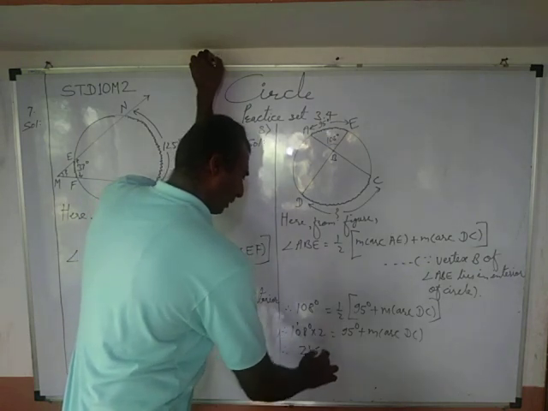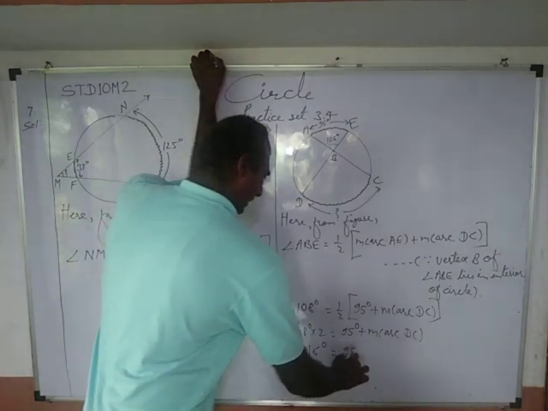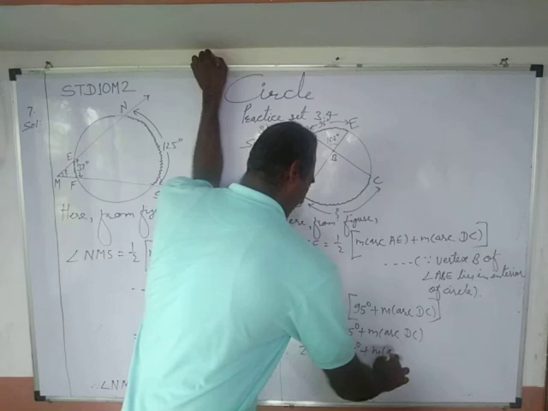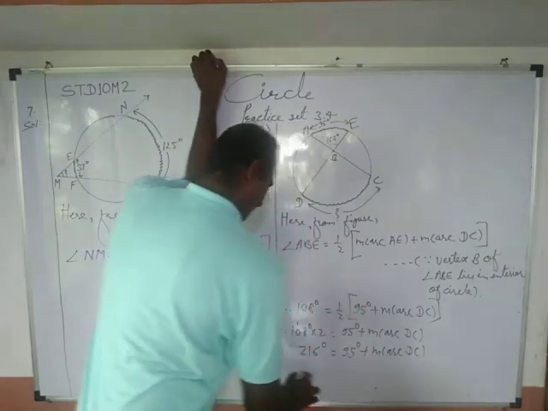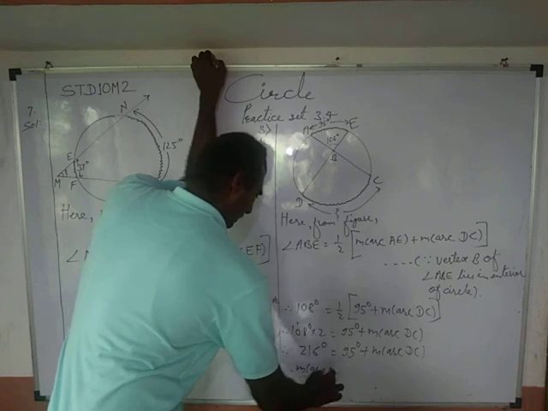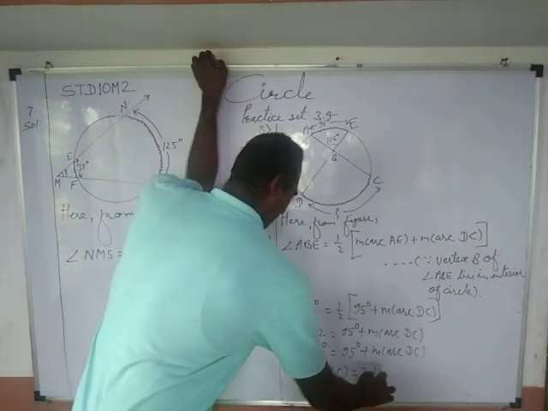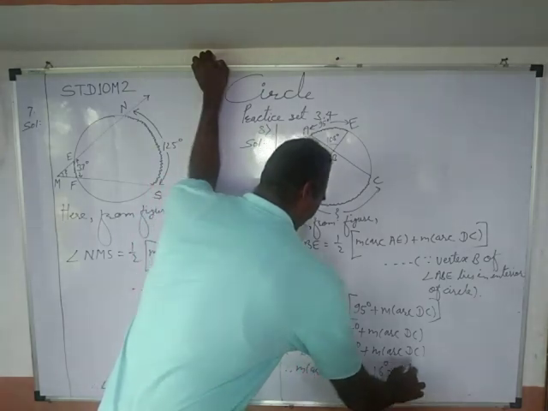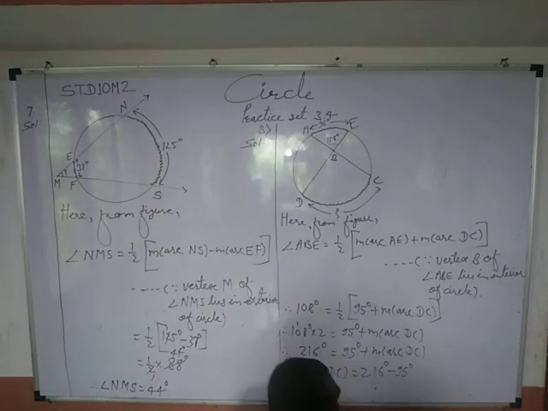2 1s are 2. 216 degree equals 95 degree plus measure of arc DC, and therefore measure of arc DC equals 216 degree minus 95 degree. 6 minus 5 gives us 1, 11 minus 9 gives us 2, and 1 minus 0 gives us 1, 121 degree, and therefore measure of arc DC equals 121 degree.